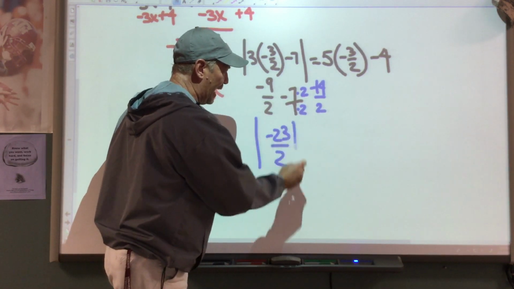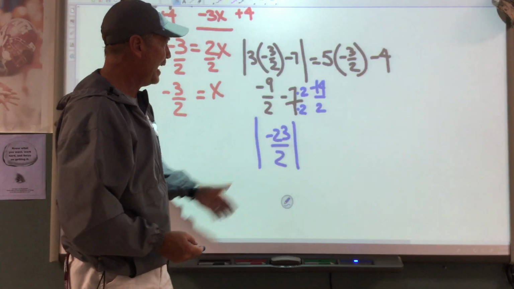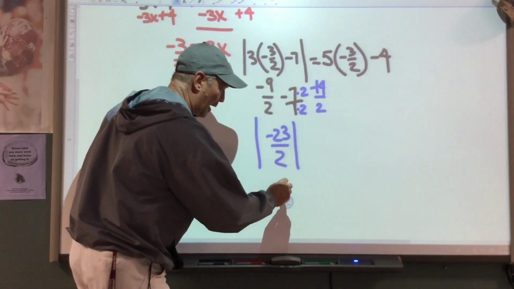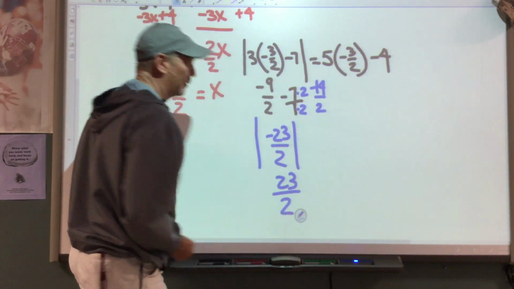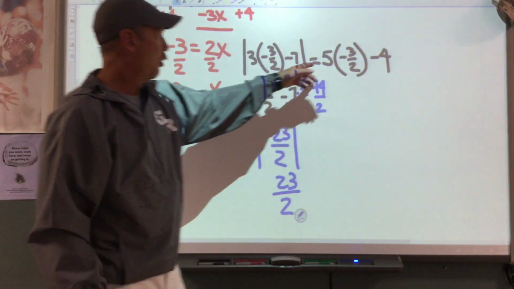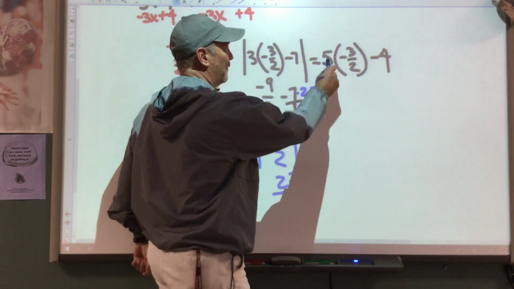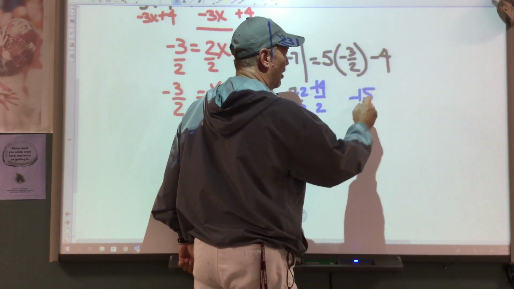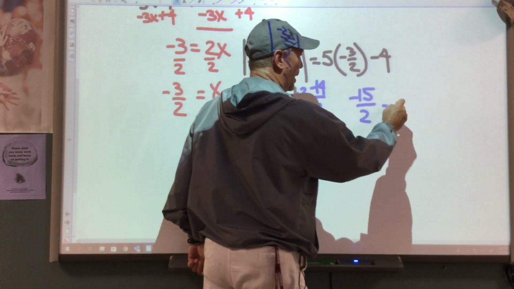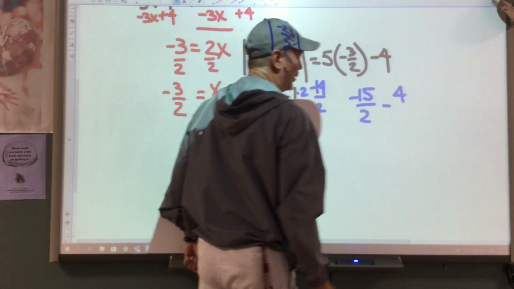But we're taking the absolute value. It's inside the absolute value, so it's going to be a positive 23 over 2. Over here, 5 times negative 3 is a negative 15 over 2 minus 4.